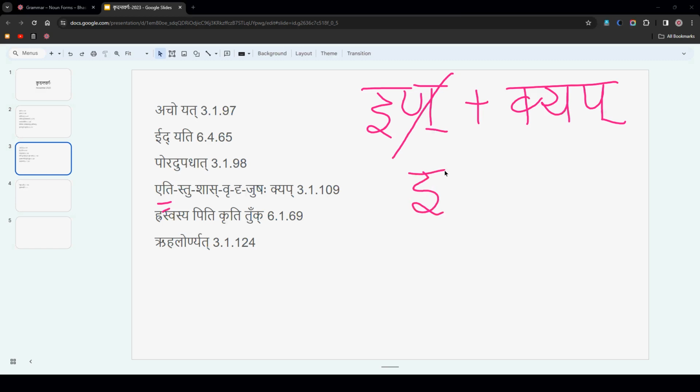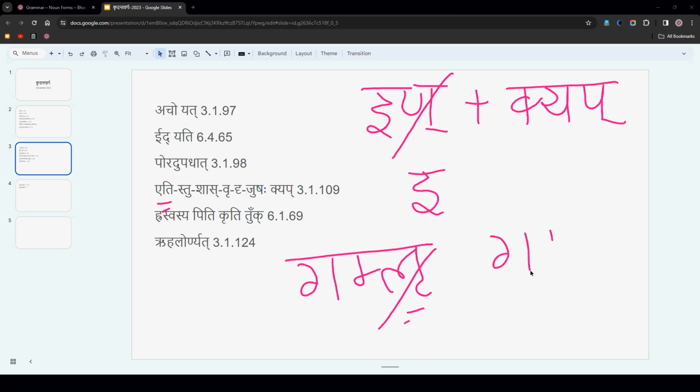It is just like gamlu, right? Gamlu dhatu. The original dhatu is gamlu, so the lukara goes away and only gam remains. The original dhatus could be different.